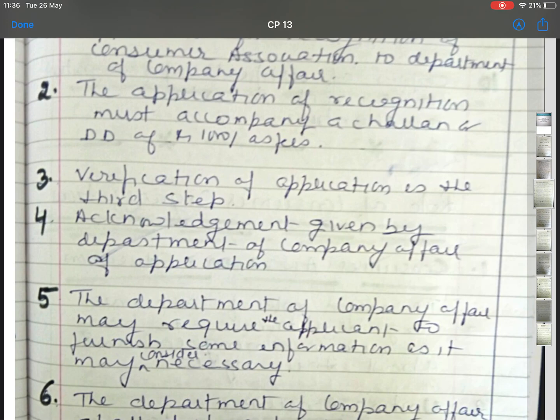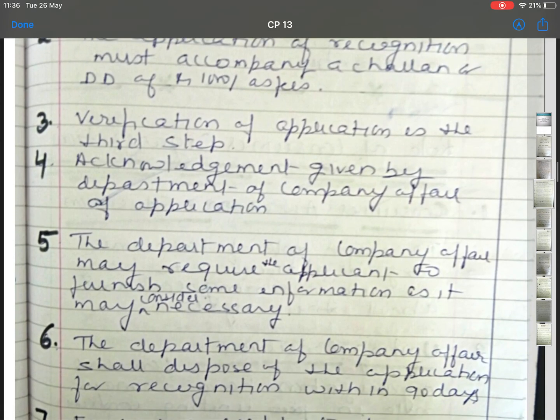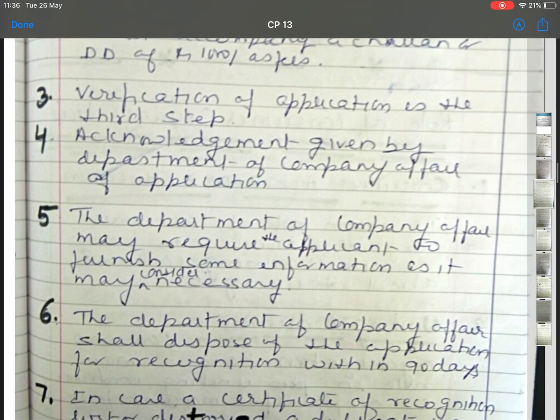The Company Affairs Department will verify the application and it will be verified by the principal officer. Then the Department of Company Affairs may give acknowledgement of the application that they have received.